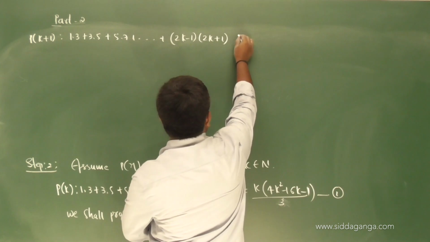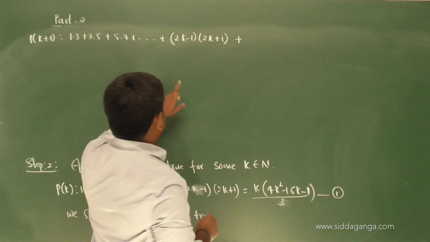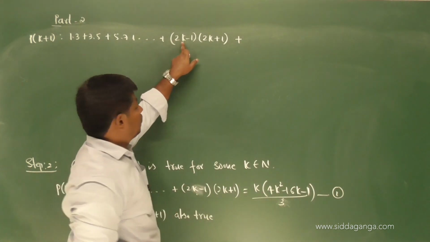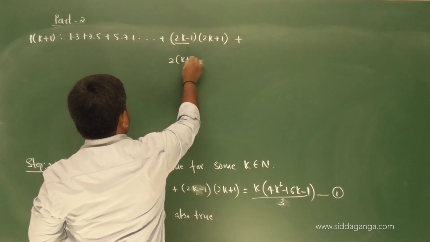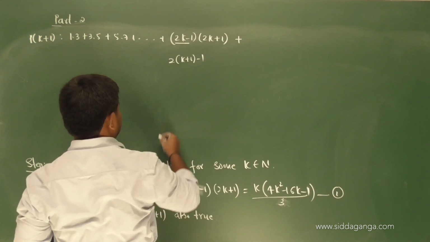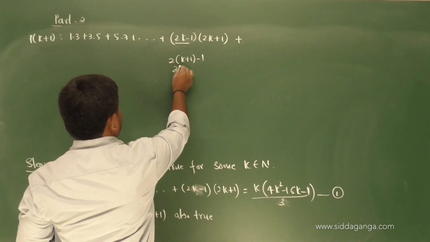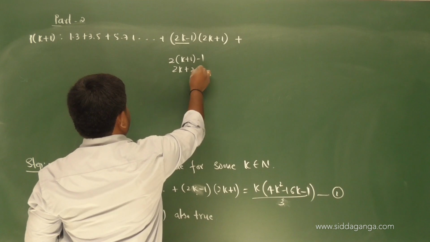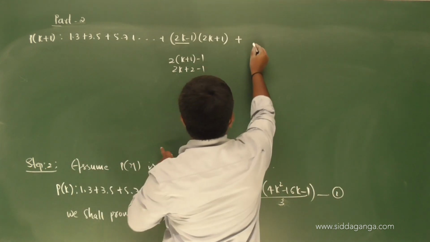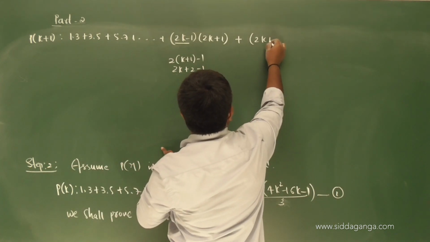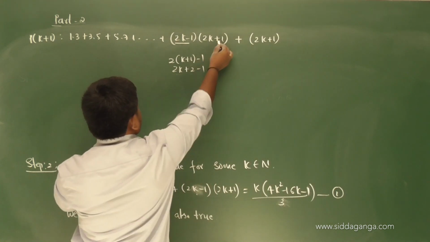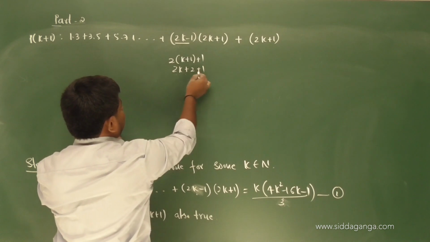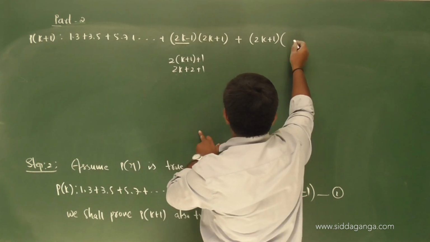Let's write the k plus 1th term: wherever you have k, write k plus 1. So this becomes 2 into k plus 1 minus 1, that is 2k plus 2 minus 1, so 2k plus 1, into, in place of k, k plus 1 plus 1, which gives 2k plus 3. This is the k plus 1th term.